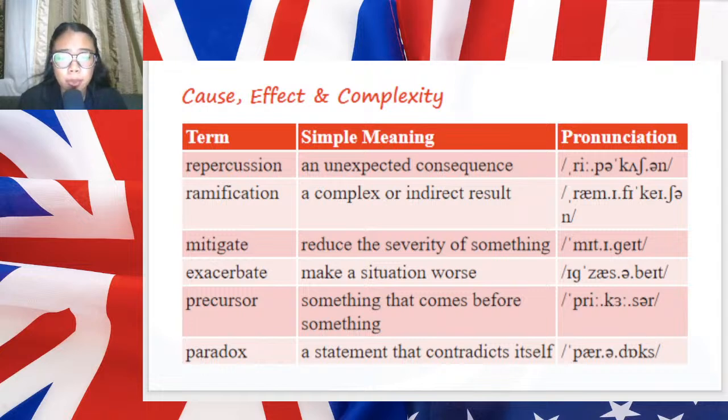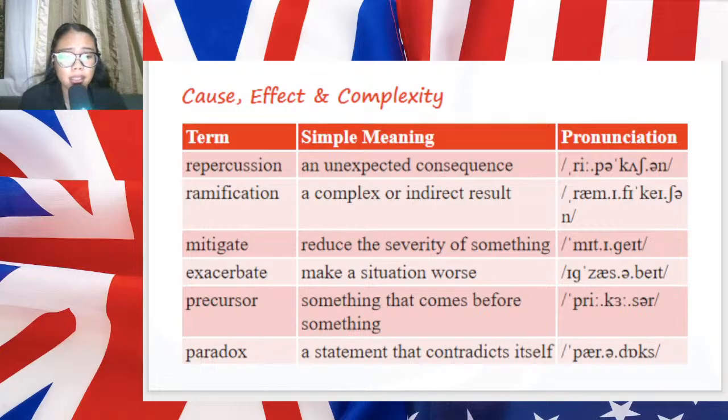Next to that is per, which has a schwa sound, so the letter E sound here is weak and unstressed. Followed by kush, and lastly un. So all in all, this is repercussion. Again, repercussion. One more time, repercussion.